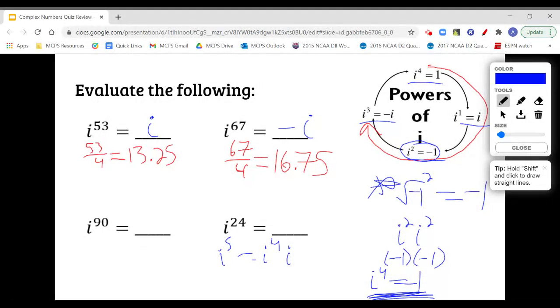And since i to the 4 is 1, a positive 1, it basically just goes away. And that's why i to the 5th is the same as i, right? For i to the 6, I could simplify that to i to the 4 times i squared, right? But again, i to the 4th is just a positive 1. I don't need to include a coefficient of positive 1, so that goes away. And that's why i to the 6 is the same as i squared, right? Which is why for i to the 6, you would have just kept moving around this cycle.